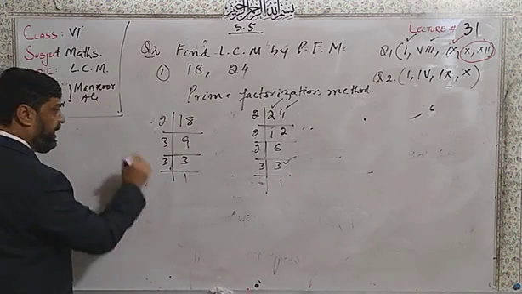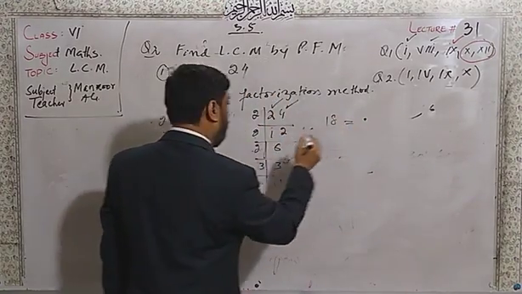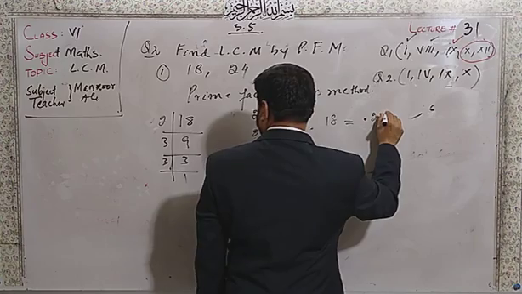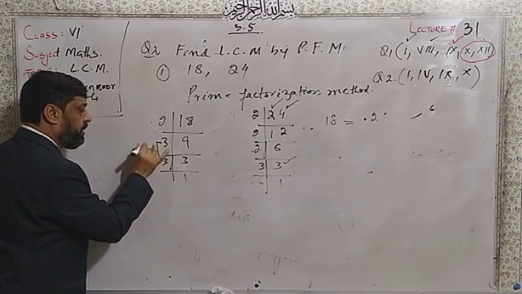Dear students, if you see here, 18 is equal to 2 multiplied by 3 square.